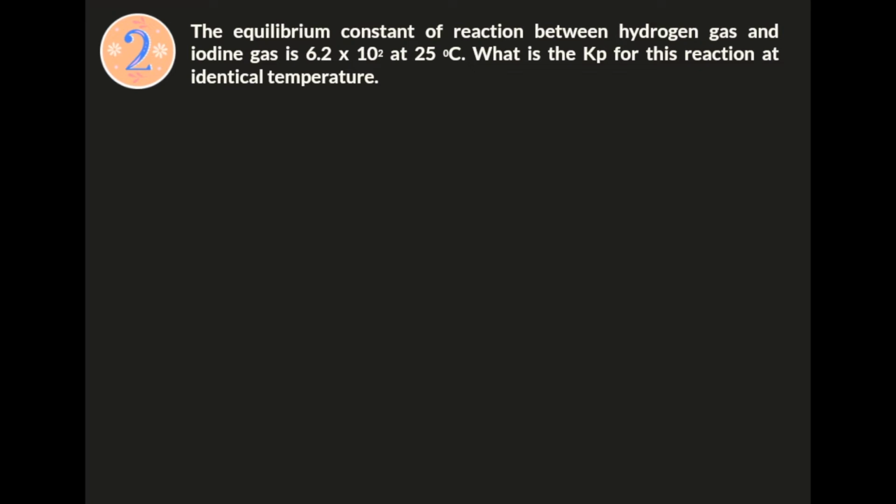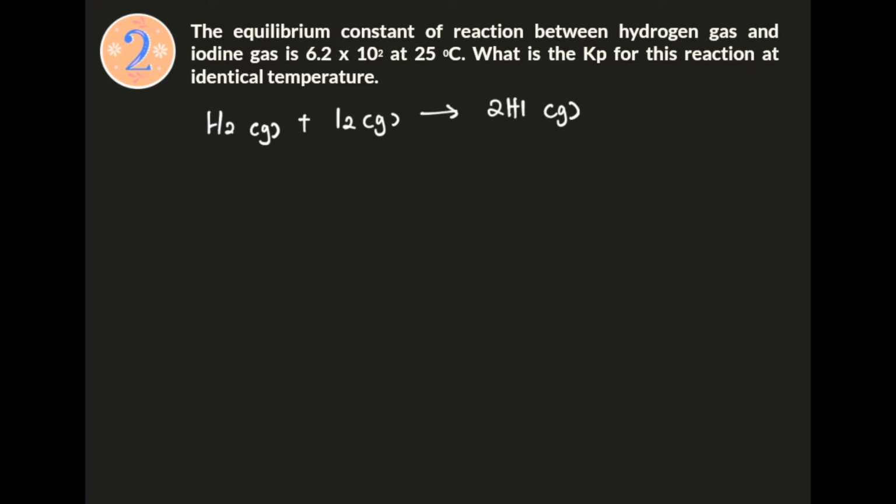In order for you to calculate the value of Kp, the first thing that you need to do is write a balanced equation for this reaction. In this reaction, you have hydrogen gas, so make sure you write the state of matter, plus iodine, also gas, will produce 2 hydrogen iodide, which is in gaseous form as well.